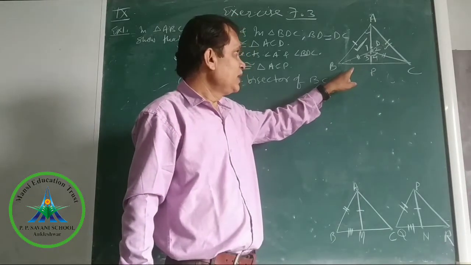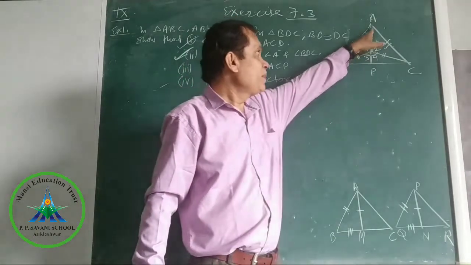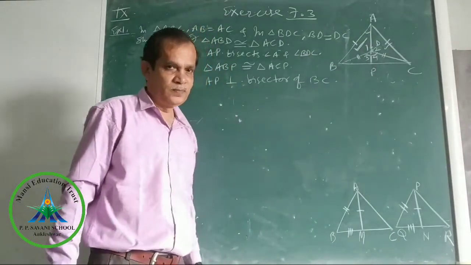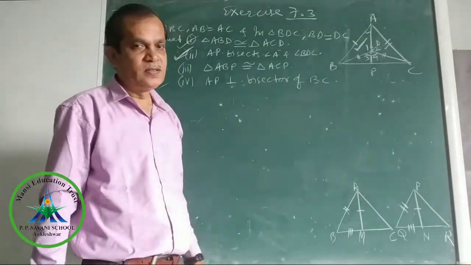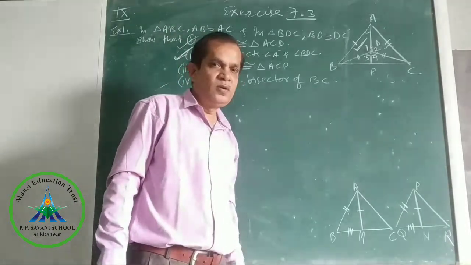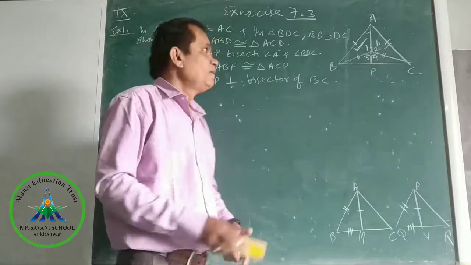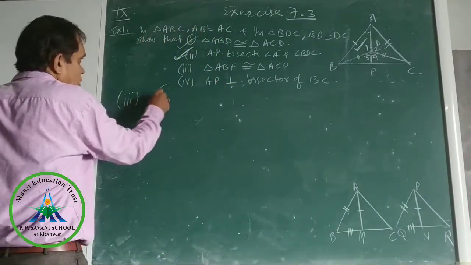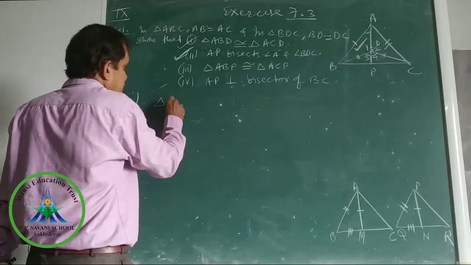And again, AP equal to AP. Yes. Think yourself. Can you? Try yourself. I am keeping this third part for you. Let me see how many of your minds work.